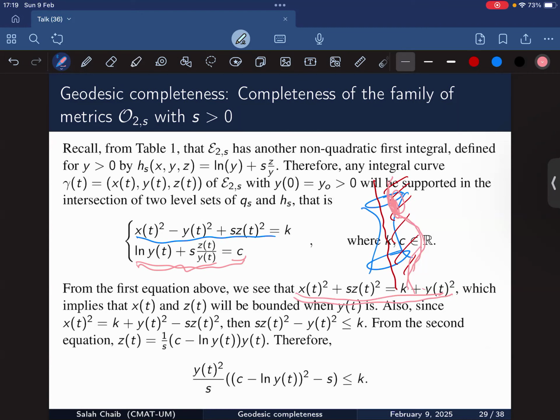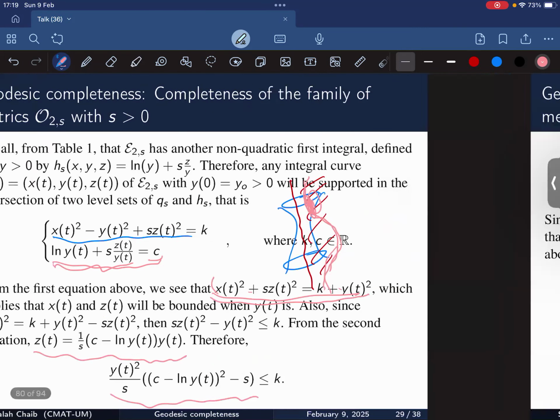Because if y is bounded, then this is x squared plus s z squared, it's like the equation of some ellipse. Using the second equation, we derive the equation of z, and we replace it in the energy equation to have this.